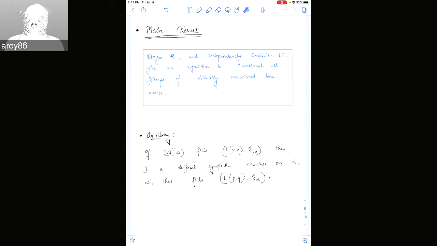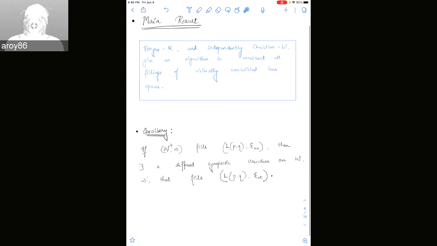And as a corollary to our result, it tells us that if you have a symplectic four-manifold that fills a virtually over-twisted lens space, then there exists a different symplectic structure on the same four-manifold that fills the universally tight lens space.